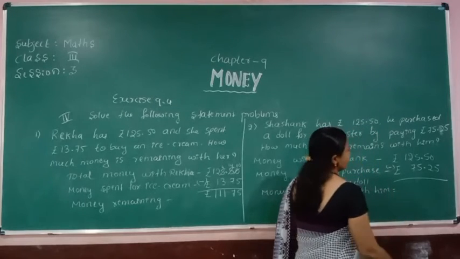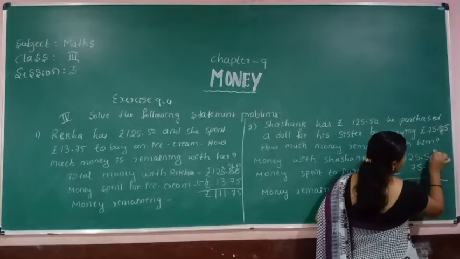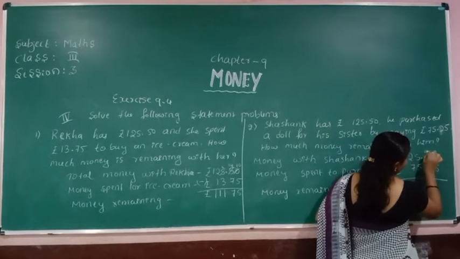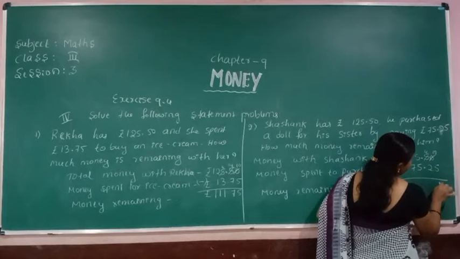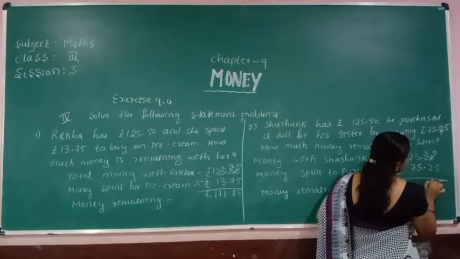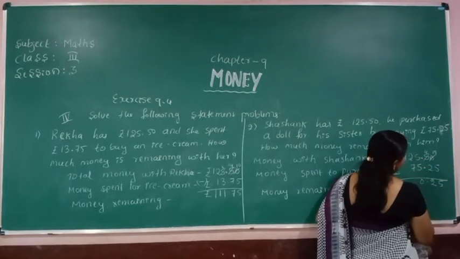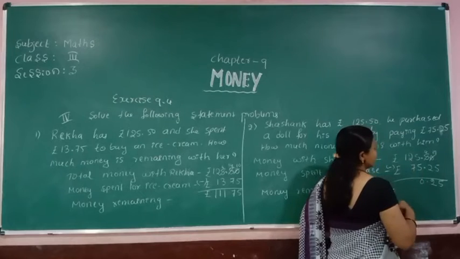Okay, yes, see. So here see students, here 5 is there, here 0 is there, so it will become 10. So we can take from 1 here. So 10 minus 5 is 5, 4 minus 2 is 2. Okay, so here 5 minus 5 is 0. Here 12 is there, here 5 is there.